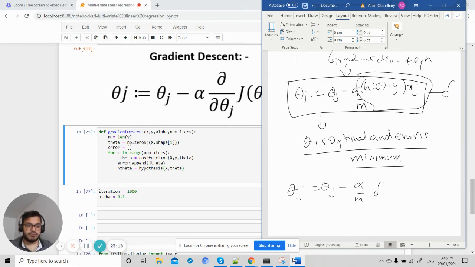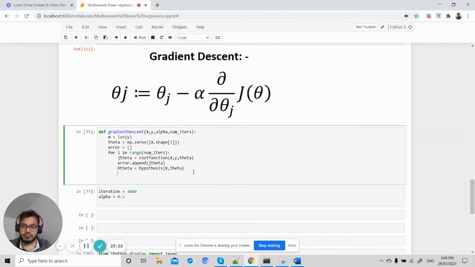Okay, so let's say delta will be the dot product of h of theta minus y. Okay, and this will again be times x.